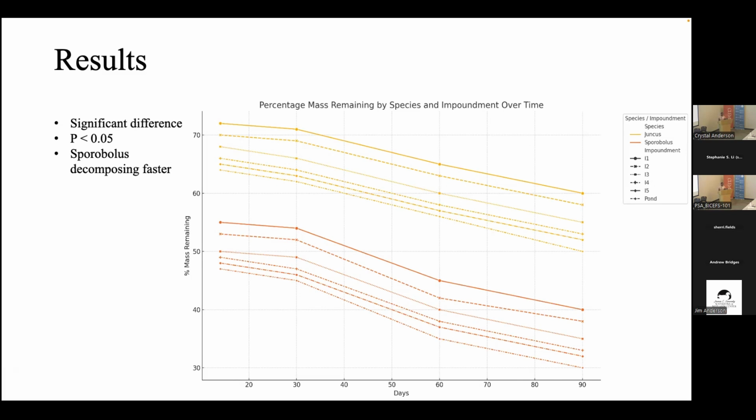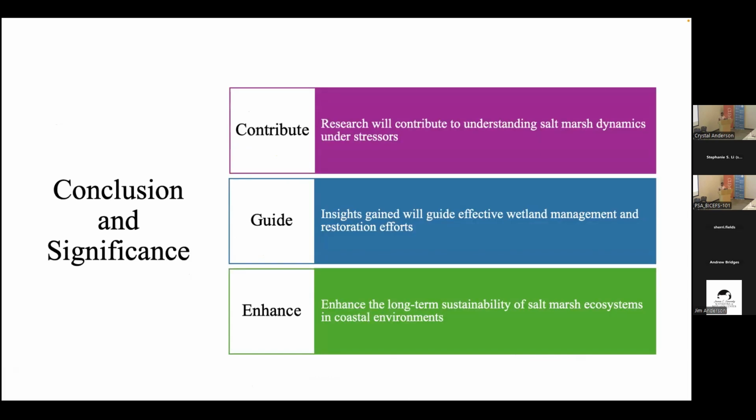Within these wetland environments, this is important because it could influence nutrient cycling rates in these marsh areas, which is definitely important for understanding overall ecosystem functioning. This research will contribute to our understanding of salt marsh dynamics, especially under various environmental stressors.